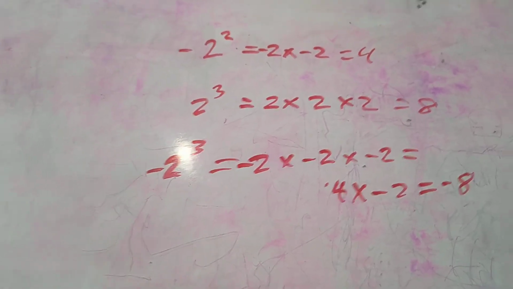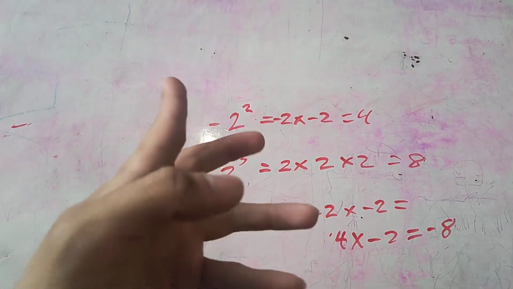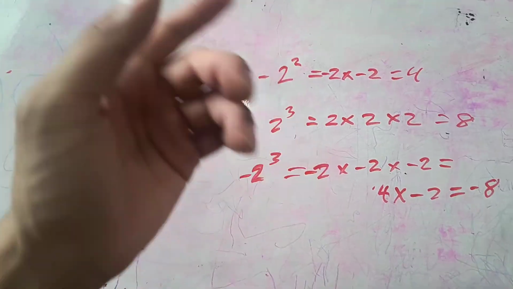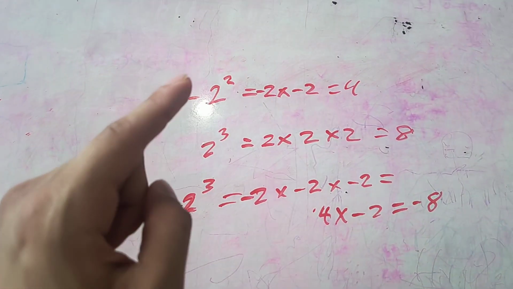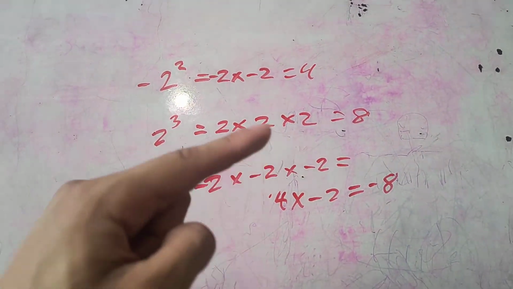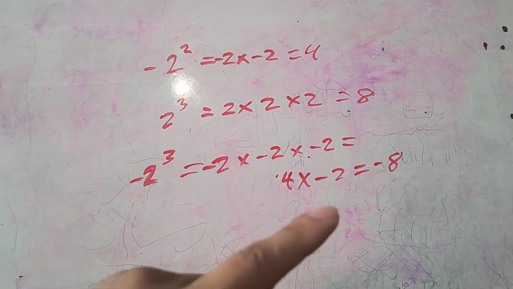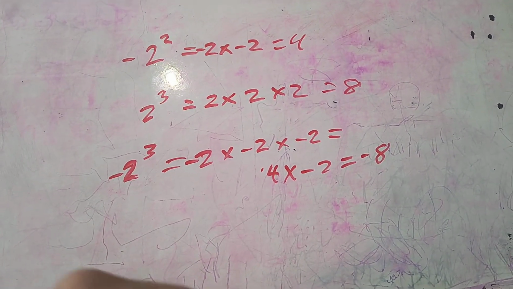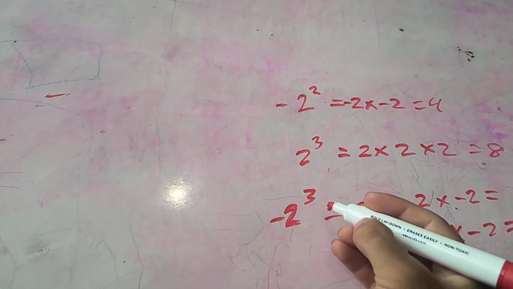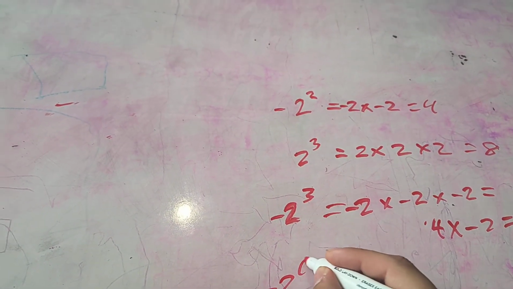So the first one, they were exactly the same. Negative 2 to the power of 2 was 4, and 2 to the power of 2 was 4. But in this case, 2 to the power of 3 was 8, and negative 2 to the power of 3 was negative 8. If we do this again, let's say, one more up, negative 2 to the power of 4.